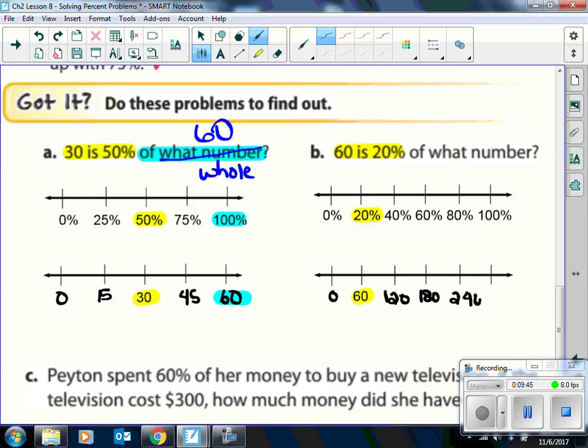And then finally we have 300. Very good. So now we want to see what the 100% lines up with. So the 100% lines up with 300. So 60 is 20% of 300.